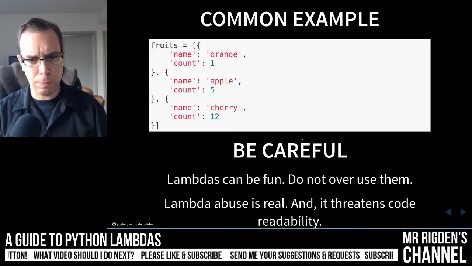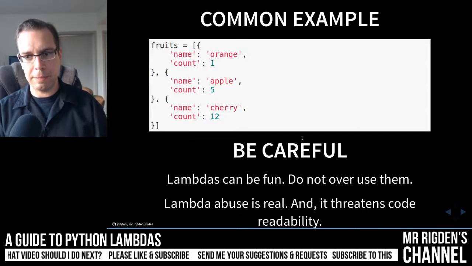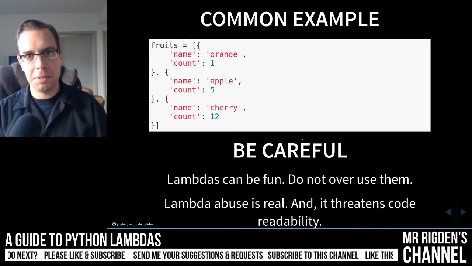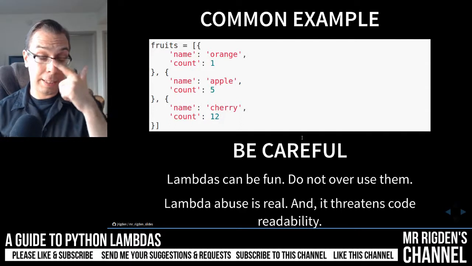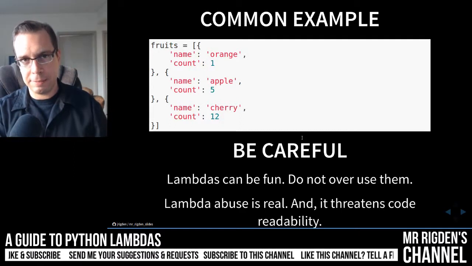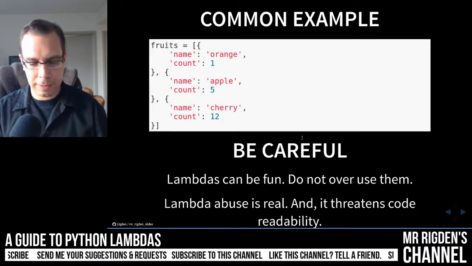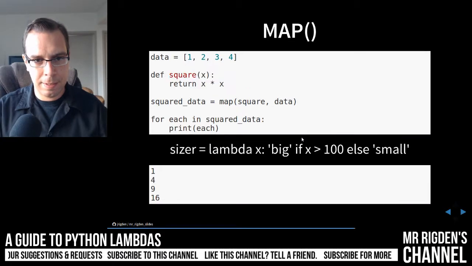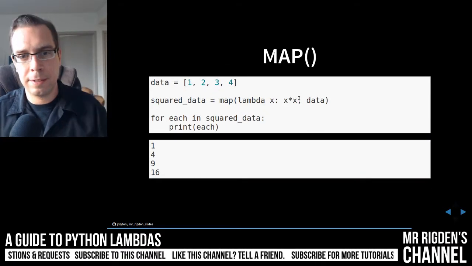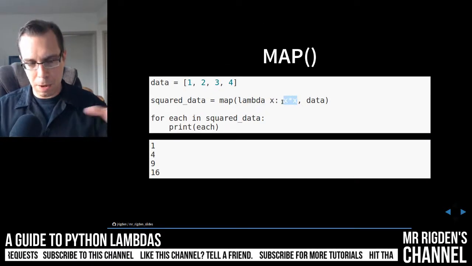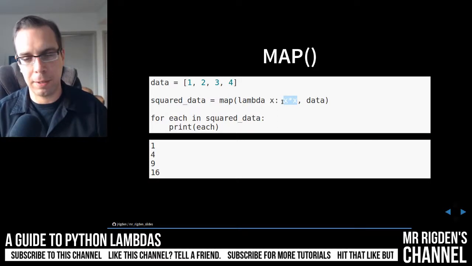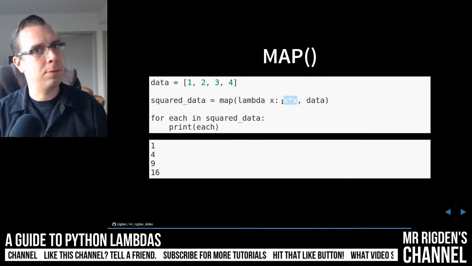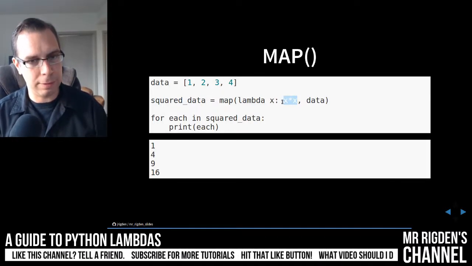And one way to really make your code less readable is to abuse lambdas and make very, very complex lambdas. If you have a lambda that's significantly complex, like let's say this square here was a much, much more complex mathematical equation, you should pull that out and put that into an actual real function.